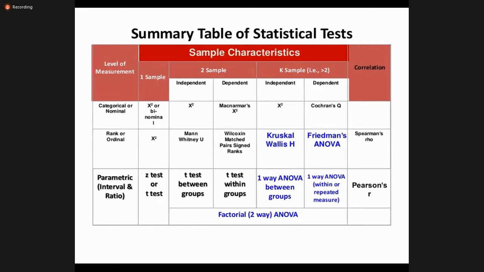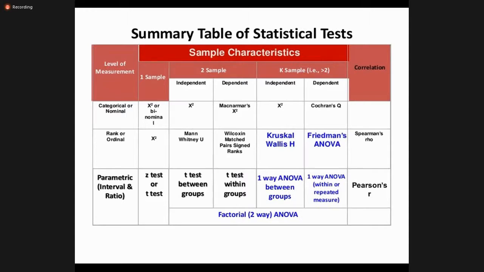But the categorical, nominal, rank or ordinal measurements are basically qualitative, in which we do not use interval or ratio numericals, but we give them numbers, like nominal from 1 to 10 or rank from 1 to 10.